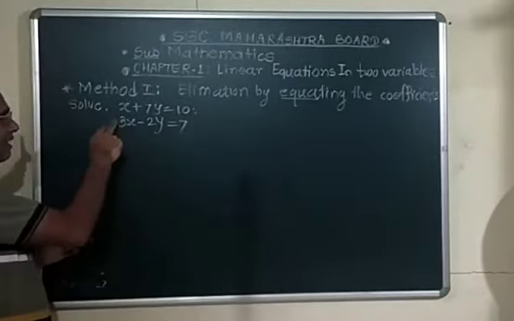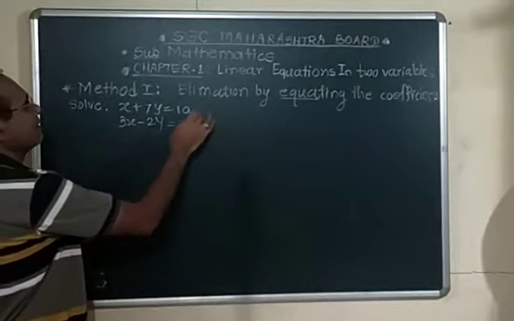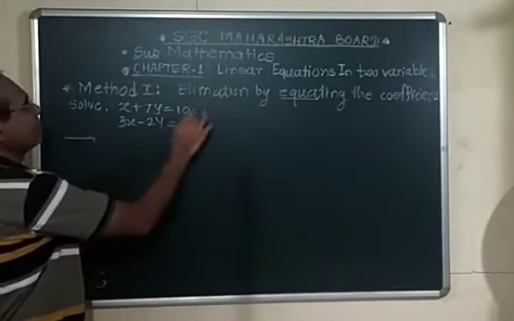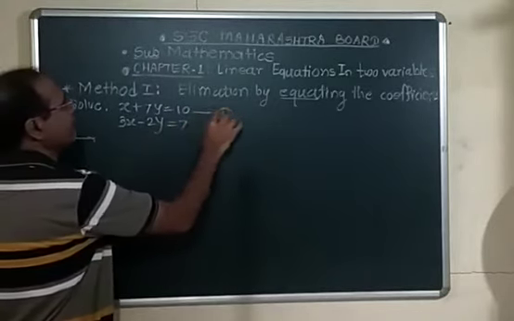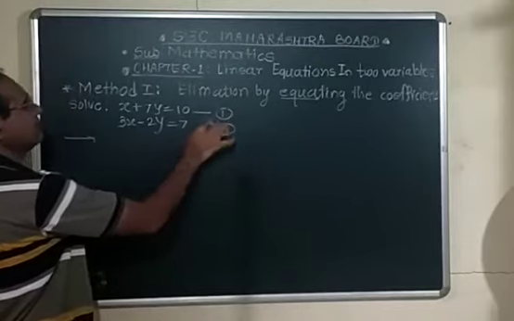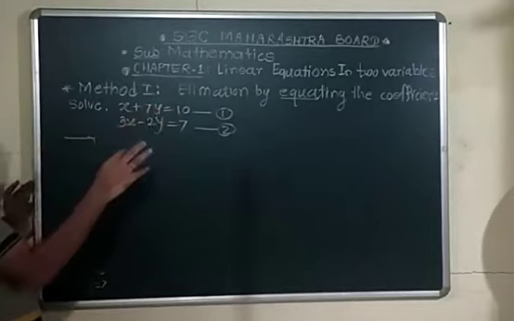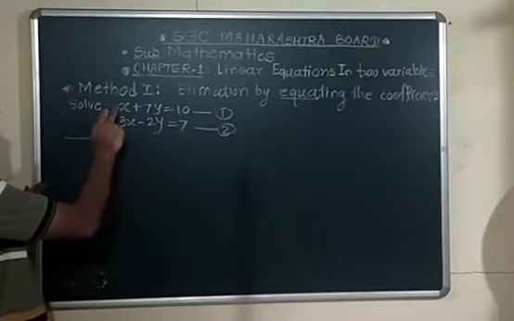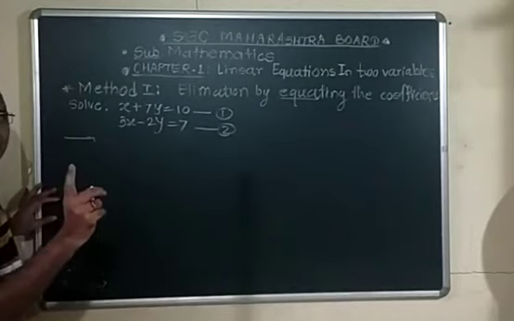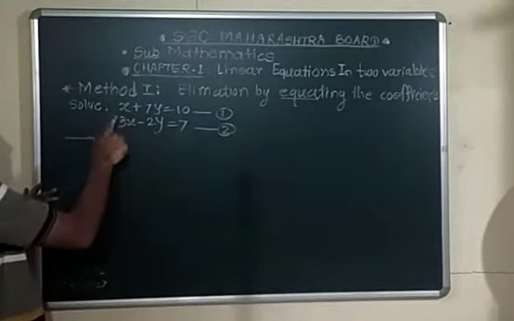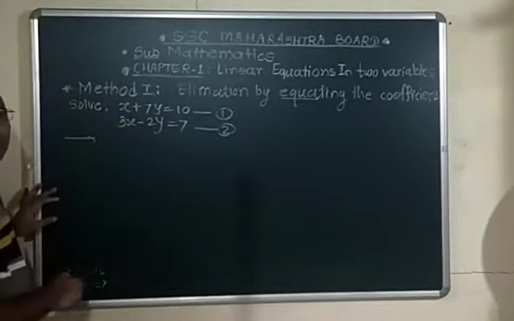Let us give the numbers 1 and 2 to these two equations. This is 1, this is 2. And we are going to equate the coefficient. I am going to multiply equation 1 by 3. Then I am going to subtract that equation from equation 2.